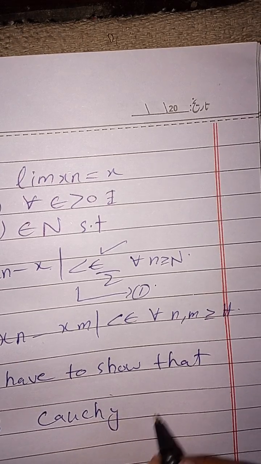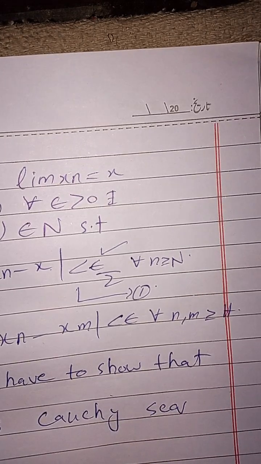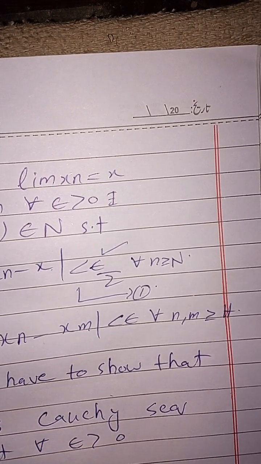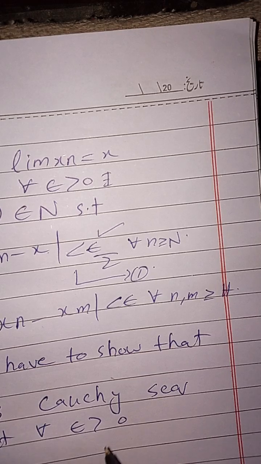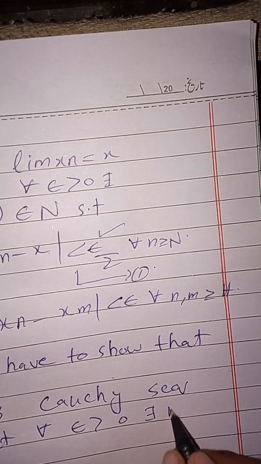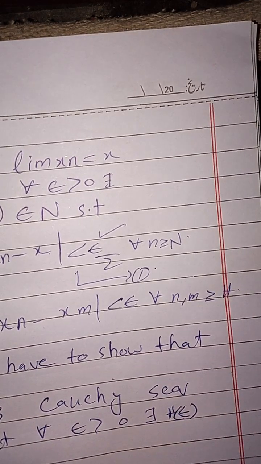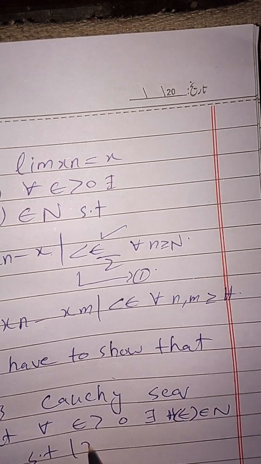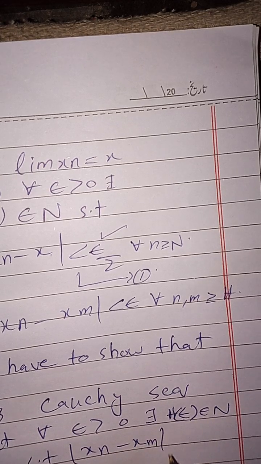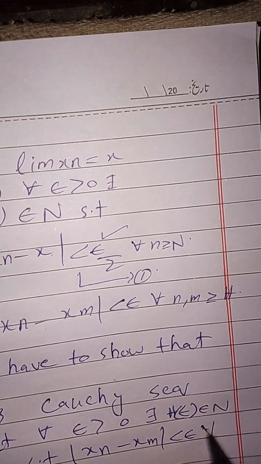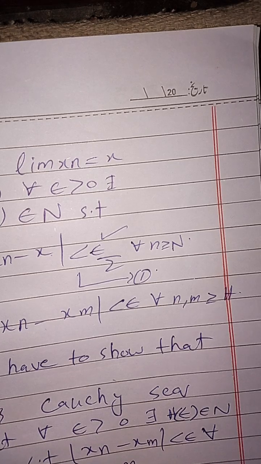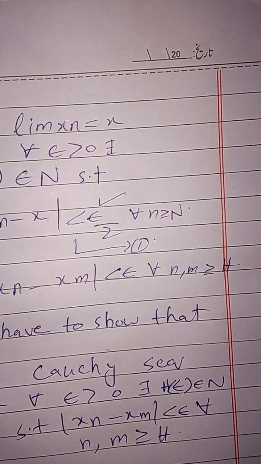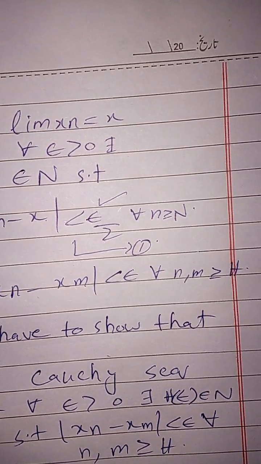So to show x is a Cauchy sequence, for all epsilon greater than 0, we have to show there exists H of epsilon belonging to the naturals such that the distance between xn and xm is less than epsilon for all n and m greater than or equal to H.